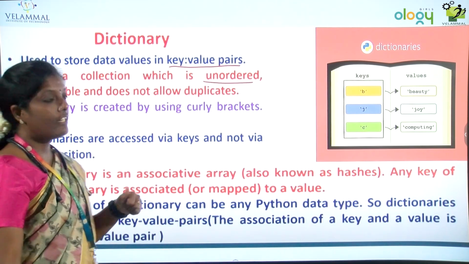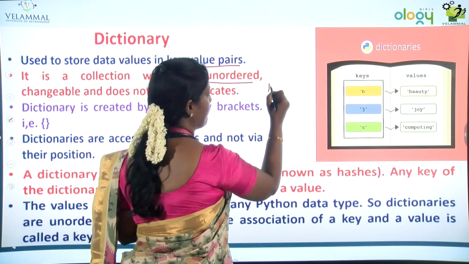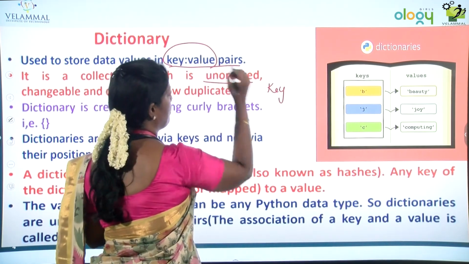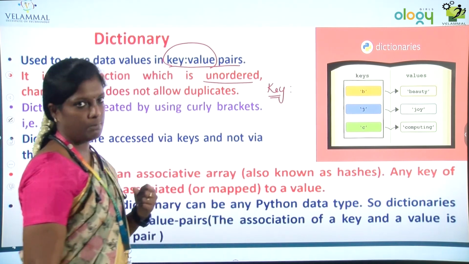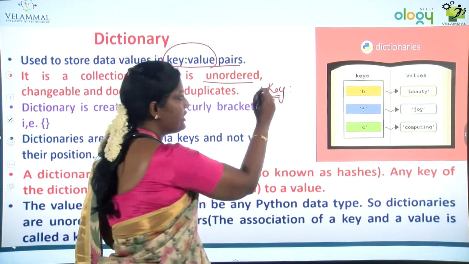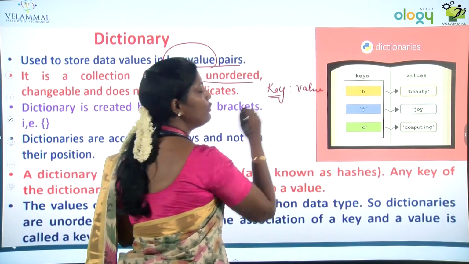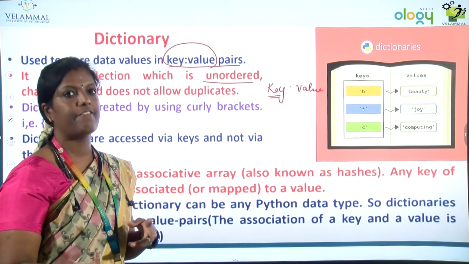And here, since you're going to use key value pairs, right, which is very, very important, which you saw here, key value pairs. These keys are going to be immutable. Okay, you cannot change it whenever you want. That is called immutable. And values are going to be mutable, that you can change on the go. You can update the information.